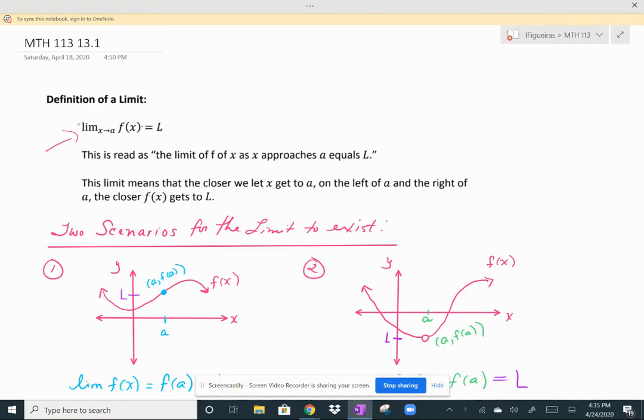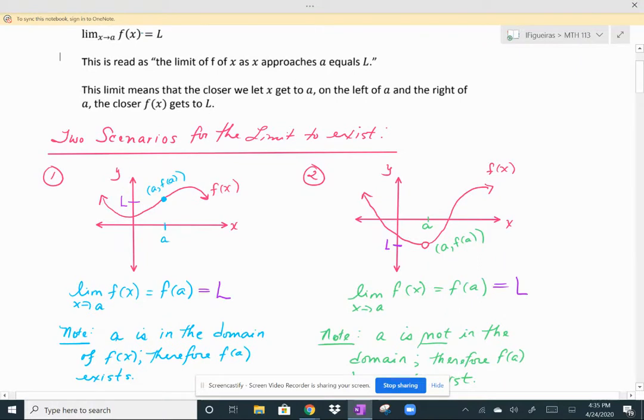So there's going to be two different scenarios where a limit will exist, and those scenarios are here. In the first example, I have the graph of a function where here's your value a, and so imagine getting closer and closer to a on the left side and on the right side. The left side would mean numbers less than a, and the right side of a meaning numbers greater than a.